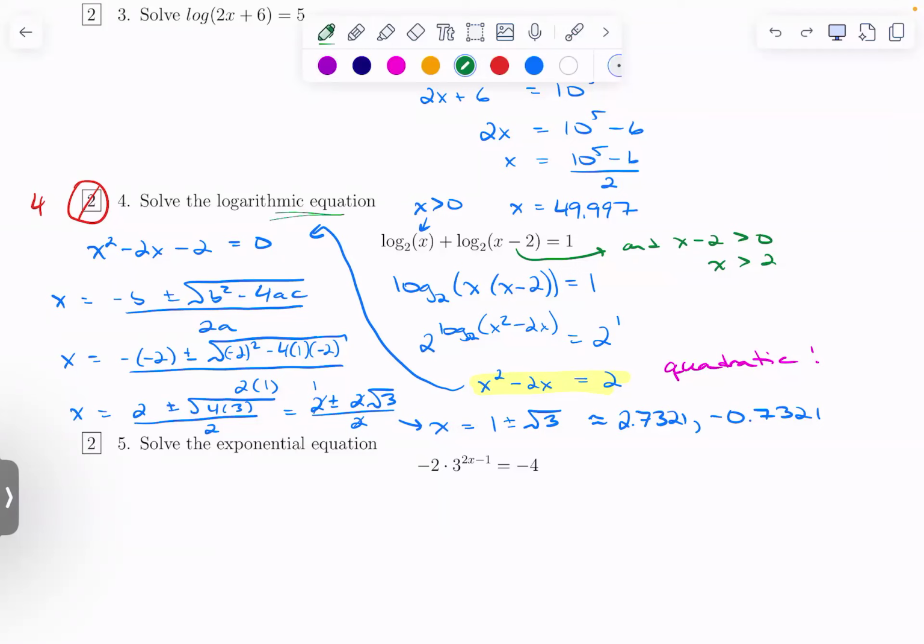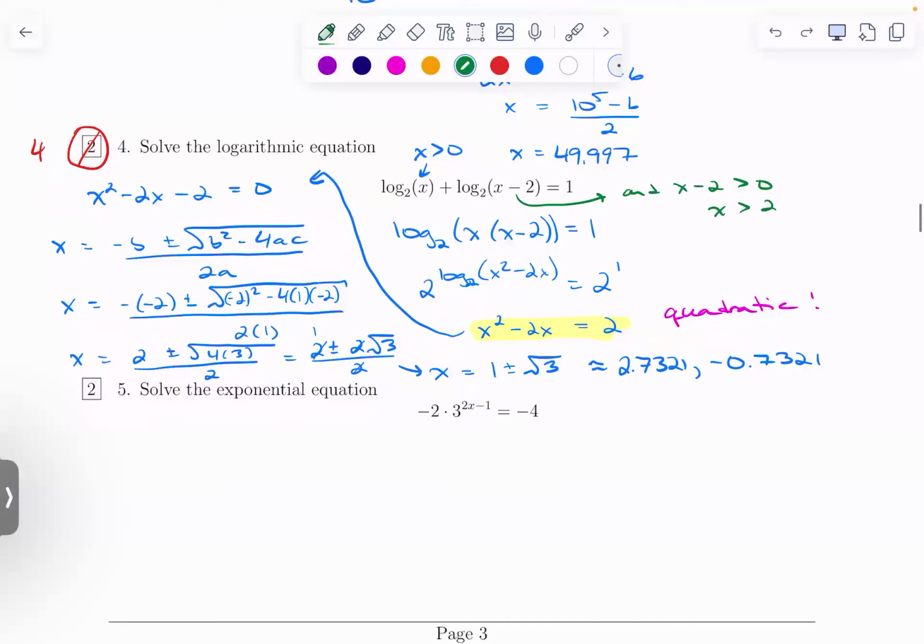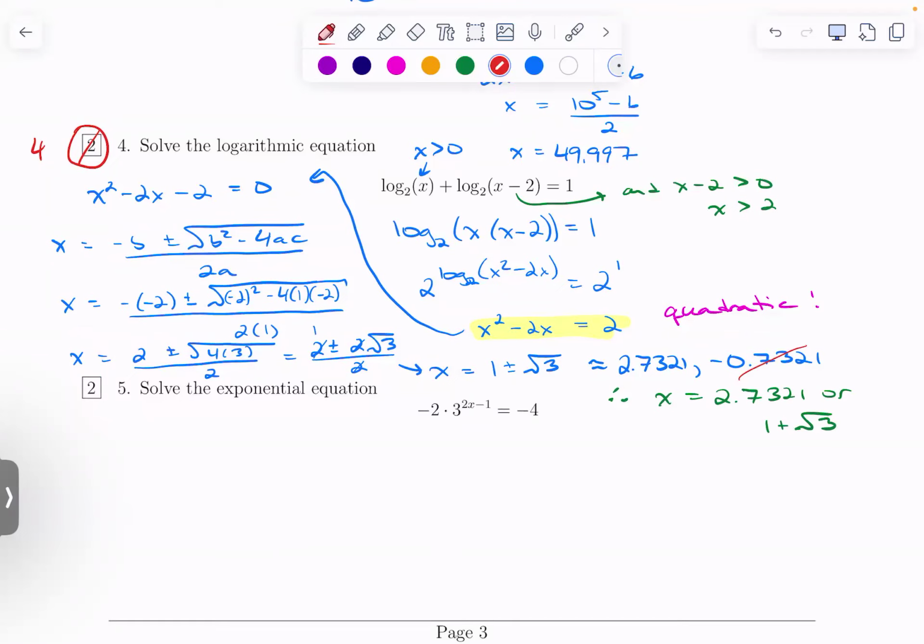It doesn't say explain. If it said explain, I would. I would say, therefore, x is equal to 2.7321, or 1 plus root 3, and then just indicate that this one is not a solution.